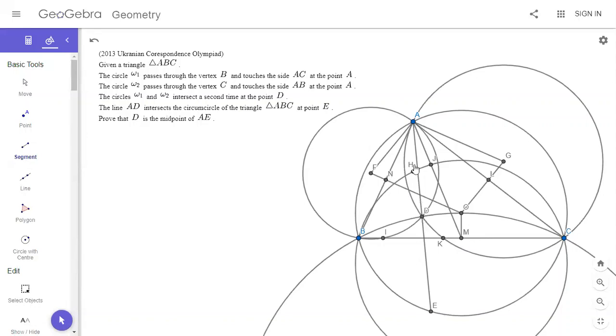So yeah, we want to show NDA is equal to ACB.